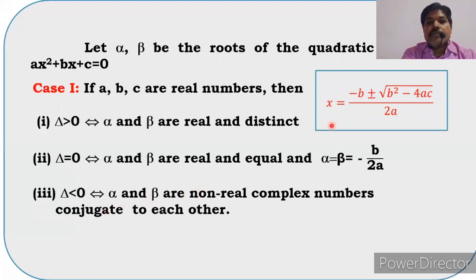So if you take the plus and you take the minus, you will get two complex numbers and both are conjugate to each other. That means one root is a plus ib, the second root will be a minus ib. That is called, the roots are non-real complex numbers and conjugate to each other. That is the meaning.